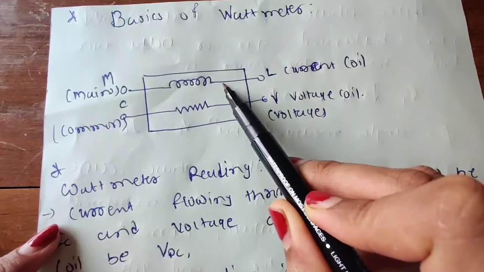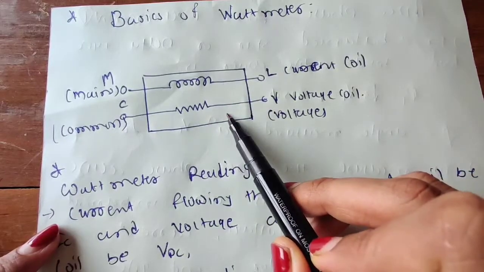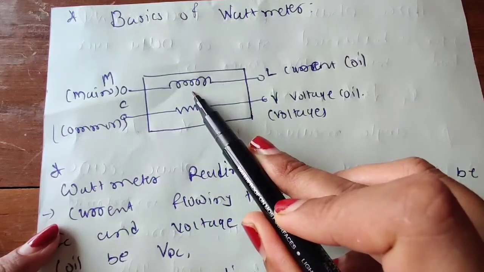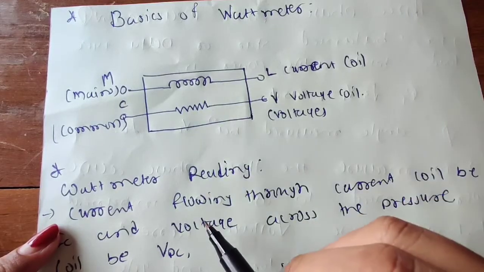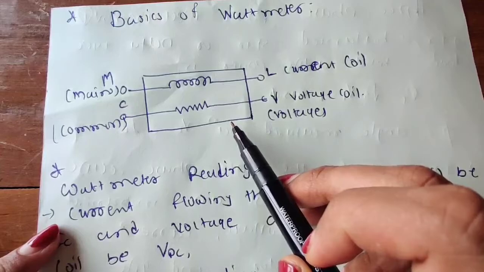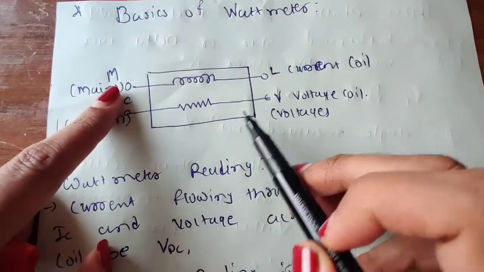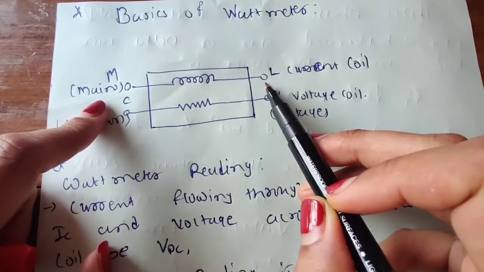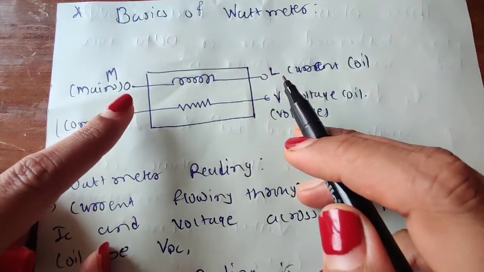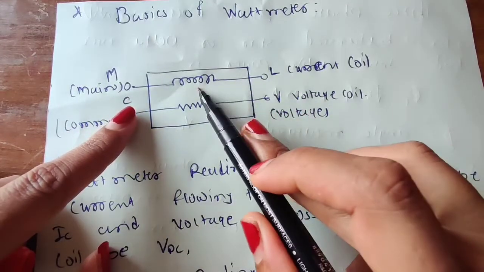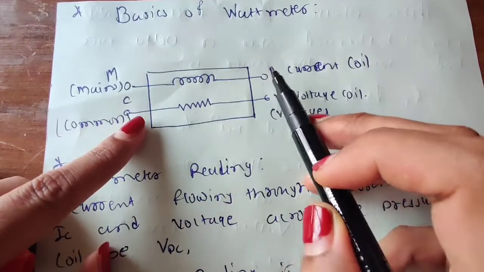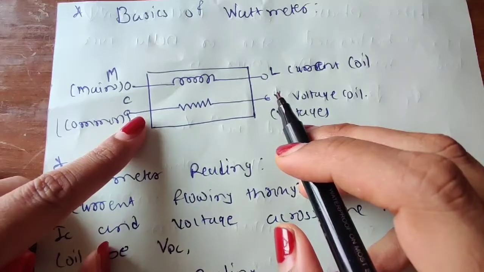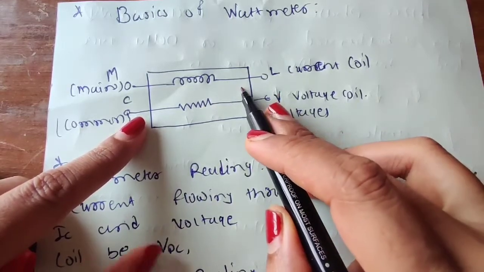The current coil is shown between terminal M and terminal L. L represents the load, M represents the mains. It is connected in series with the load. The resistance of this coil is small due to its large cross-sectional area and small number of turns. This is the characteristic of a current coil.